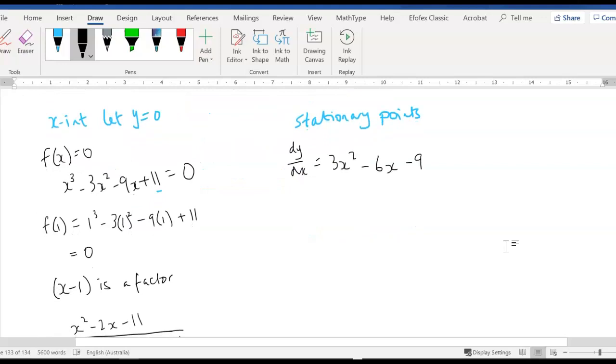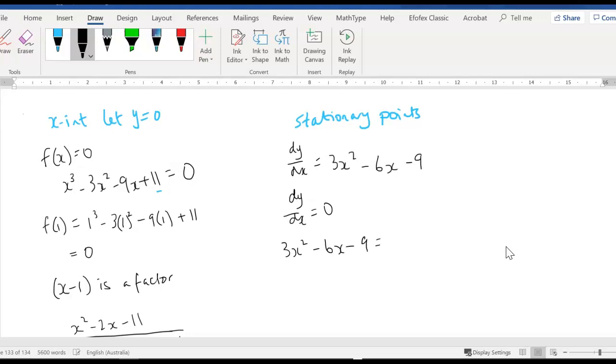So we want to let that equal 0. So dy dx is equal to 0 for your stationary point. So 3x squared minus 6x minus 9 equals 0. Now you can take 3 out as a common factor, which is lovely. So we're left with now just x squared minus 2x minus 3 equals 0.